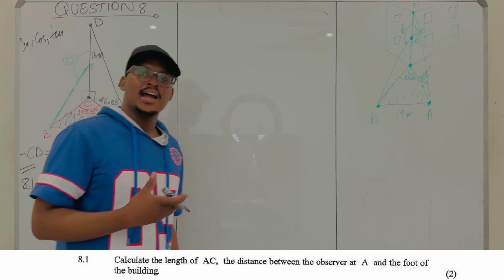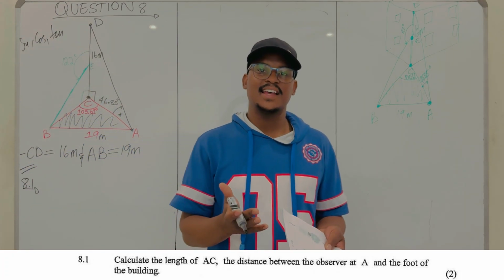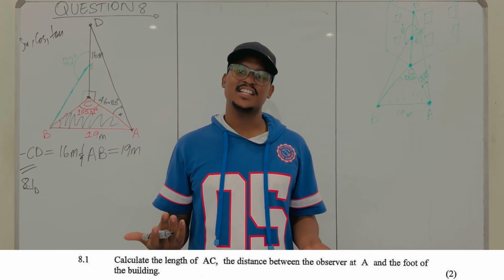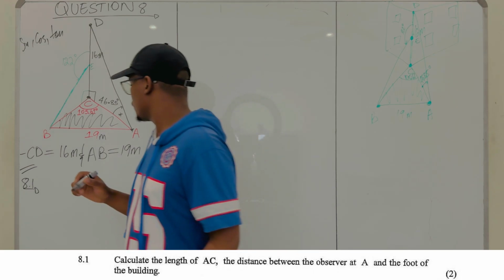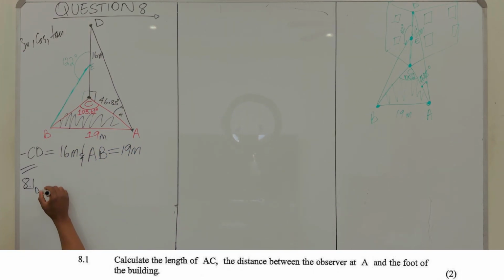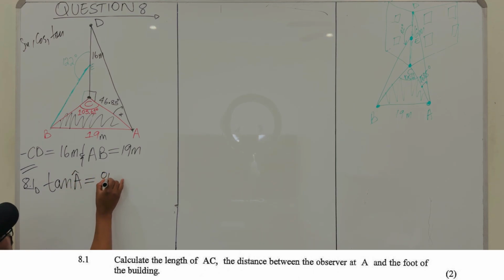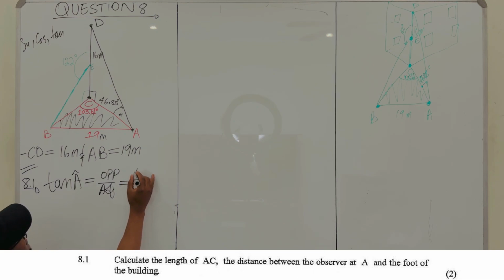The trig ratio that connects the opposite side to the adjacent side is the tangent, tan. So tan of angle A is equal to the opposite over the adjacent. Your opposite is DC, all over your adjacent, which is AC, which is what you're asked to find.